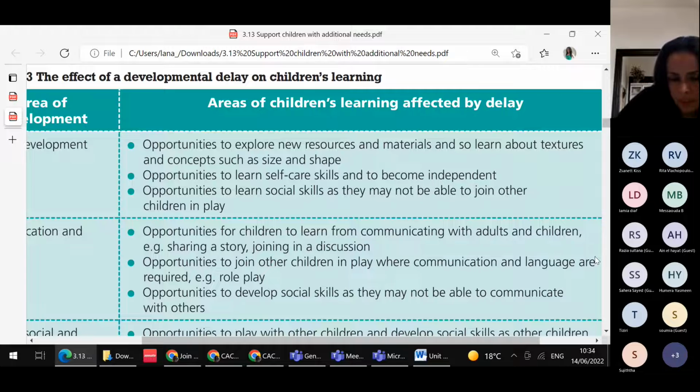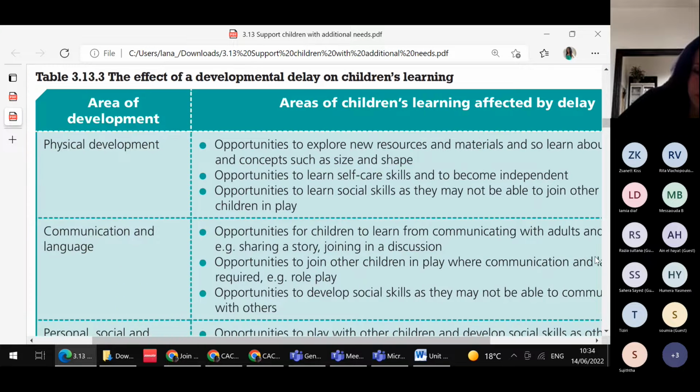All this may be affected. And also their opportunity to join other children in their play, in their language, in their communication, role play, all this will be affected as well because the child might not be able to take part. Also, the opportunities to develop their social skills, because this child may not be able to communicate with others. So all this would affect their communication and language.